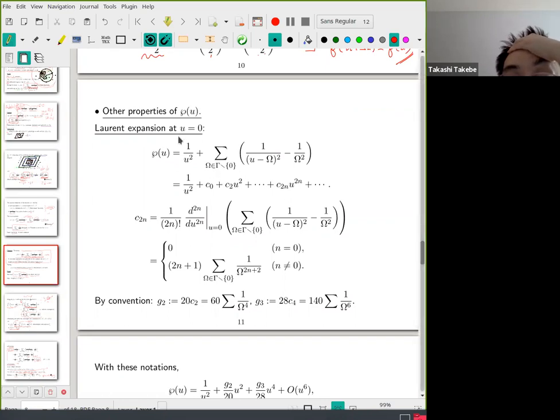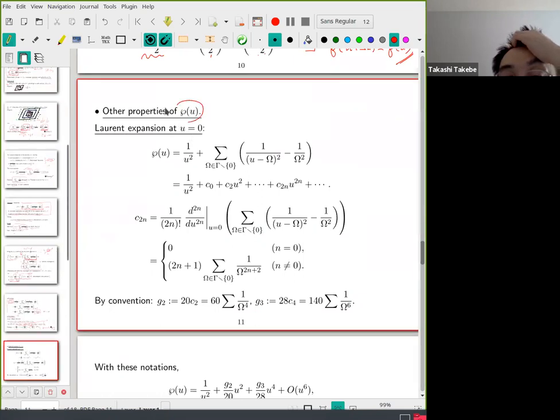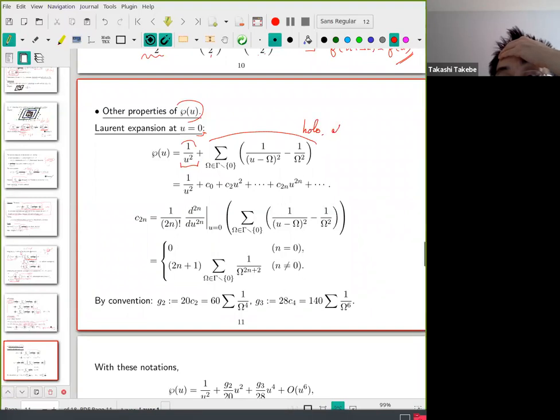Well, let's first expand this P function at 0. Of course, the singular part, the principal part, is 1 over u squared, and this part is holomorphic at 0.